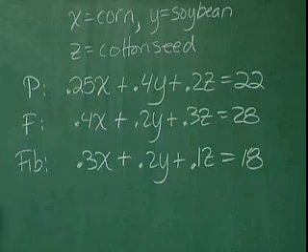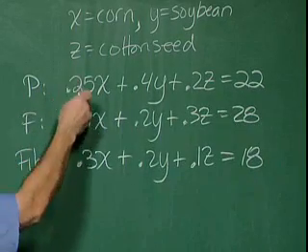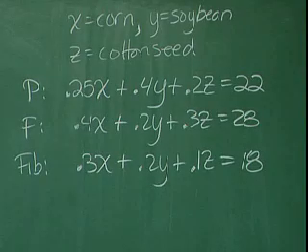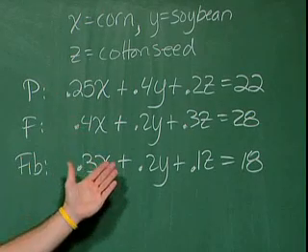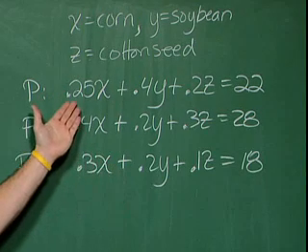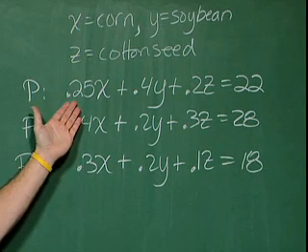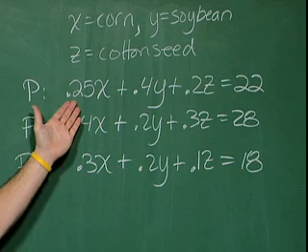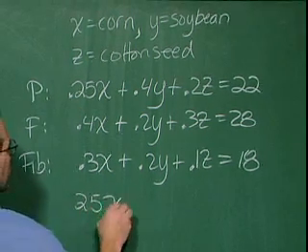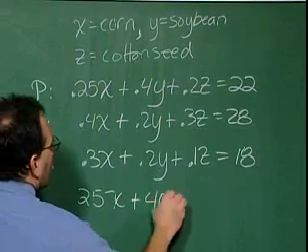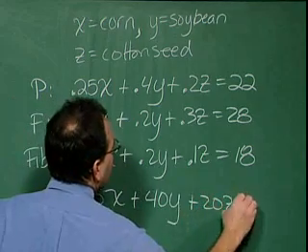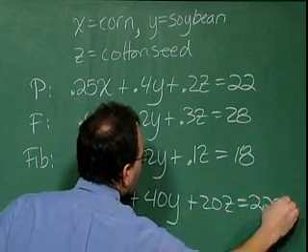I'll refer to each of these equations in their order, equation 1, 2, and 3. One of the things that I want to do first, though, is clear these decimals out of all three problems. So in the first case, we would have to multiply equation 1 by 100. That's going to give me 25x plus 40y plus 20z equals 2200.